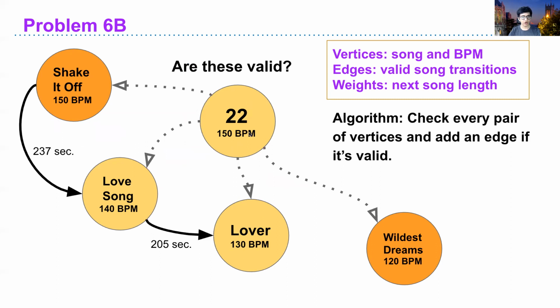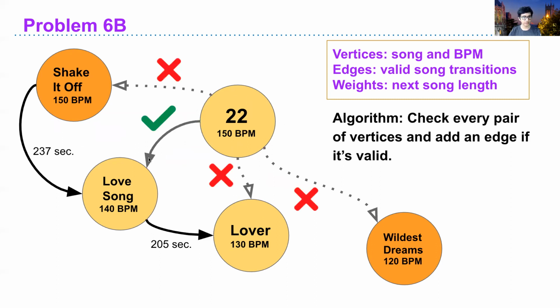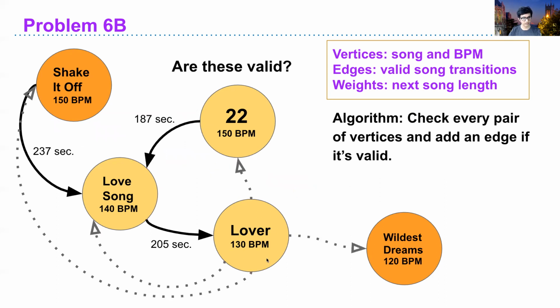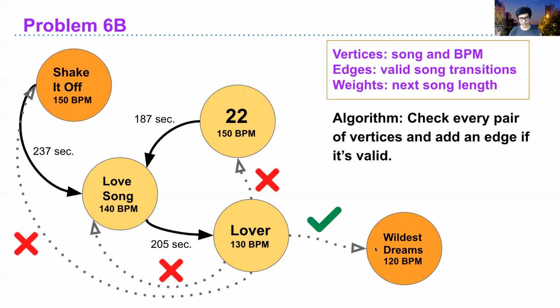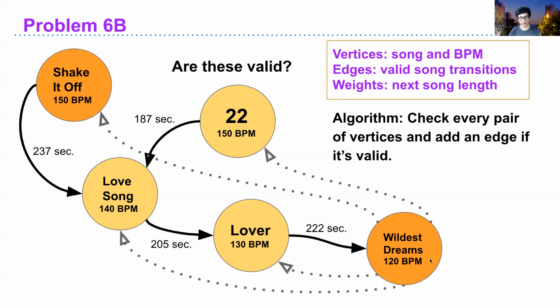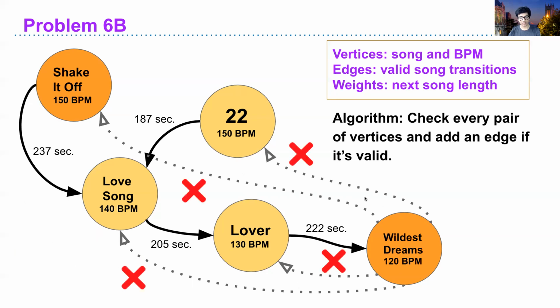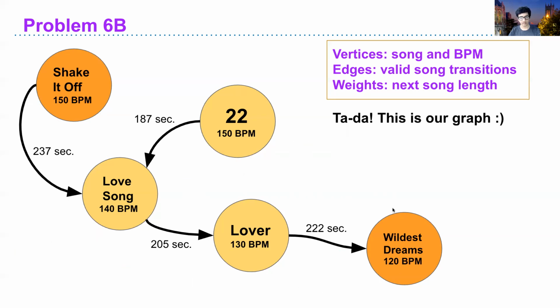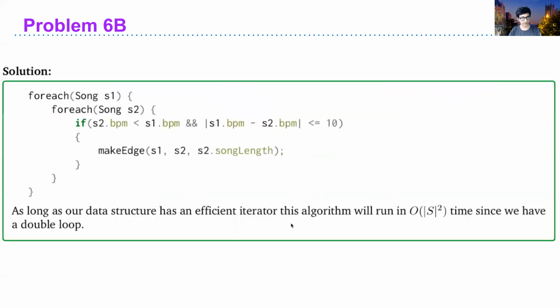Now we're considering all pairs with this node, which one's valid. We see that moving from here to here is valid and none of these others are valid. Now we're doing the same with this node and we see that this one's valid. Doing the same with the last node, we see that none of them are valid transitions. So this is how our final graph would look.